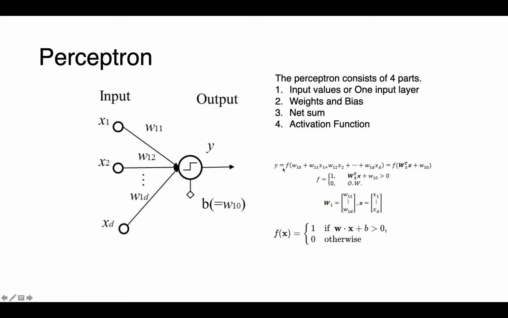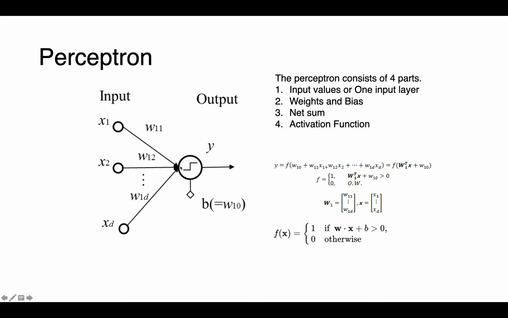Here y is expressed as your activation function f of the input, and the input is the weighted summation of your inputs from 1 to d. We can express this in vectorized form as w1 transpose x plus w1 naught, which is the bias, and f here is the activation function.